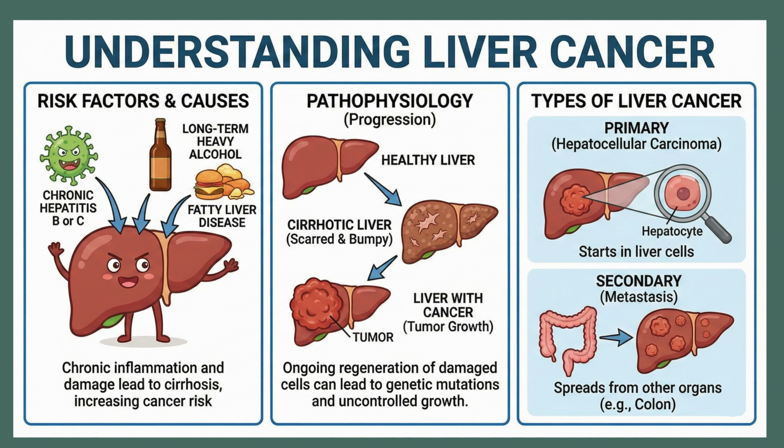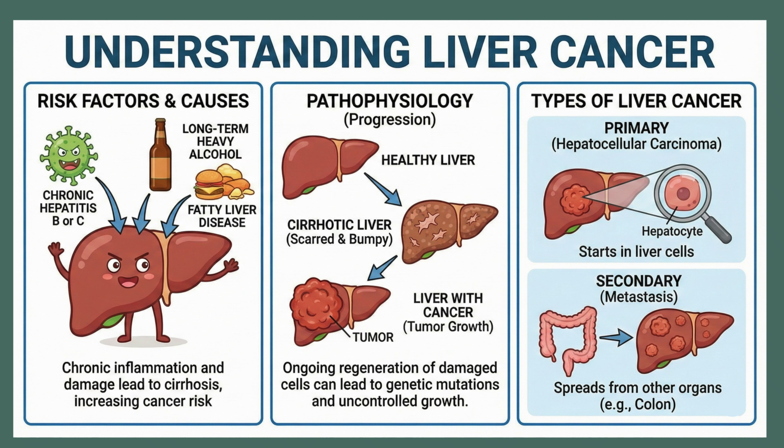Other risk factors include chronic hepatitis B or C, heavy alcohol consumption, and obesity leading to NASH. The prognosis is often poor because it's usually asymptomatic until the later stages, but early diagnosis can allow for aggressive treatment.